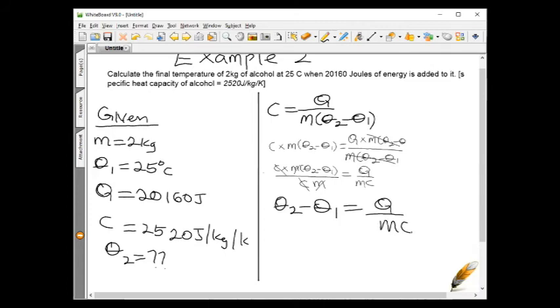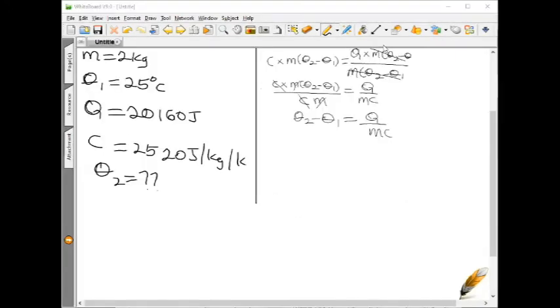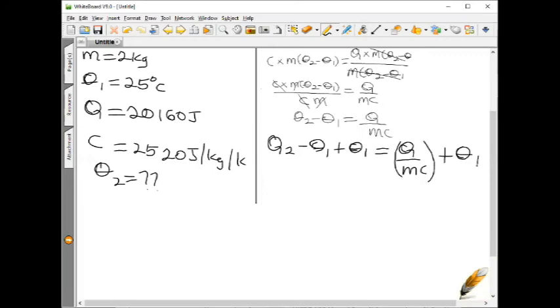Remember that what we want to calculate is theta 2. So we need to find a means of taking this theta 1 to the other side so that our theta 2 will be left alone here. And you can see that we can add theta 1 to both sides, and that will be theta 2 minus theta 1 plus theta 1 equal to Q over mc plus theta 1.